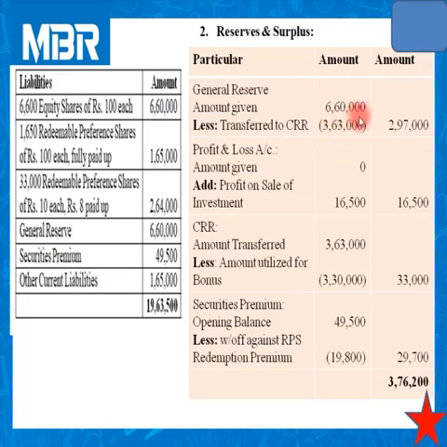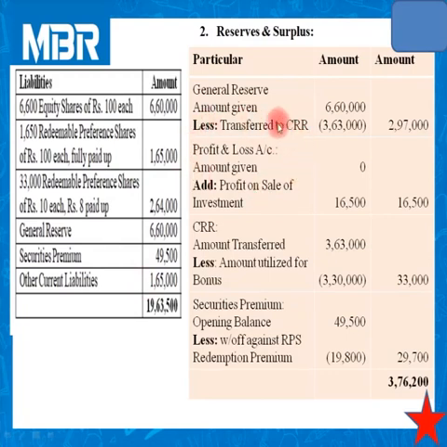We have transferred rupees 3,63,000 from general reserve. So 6,60,000 minus 3,63,000 is equal to 2,97,000. Profit and loss account.